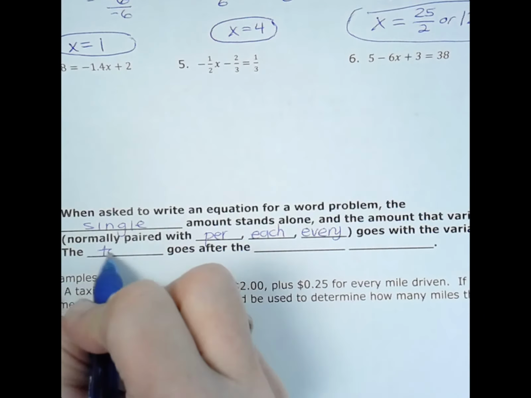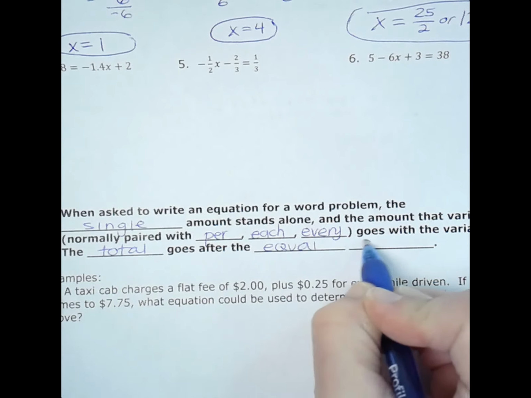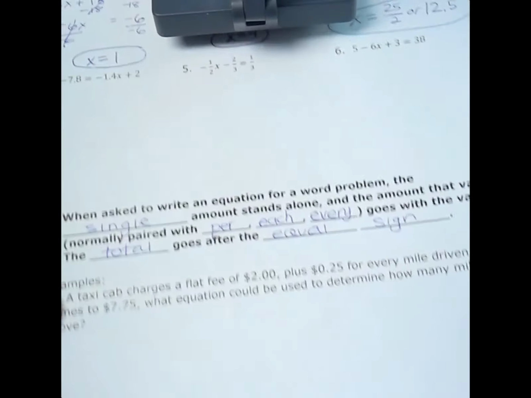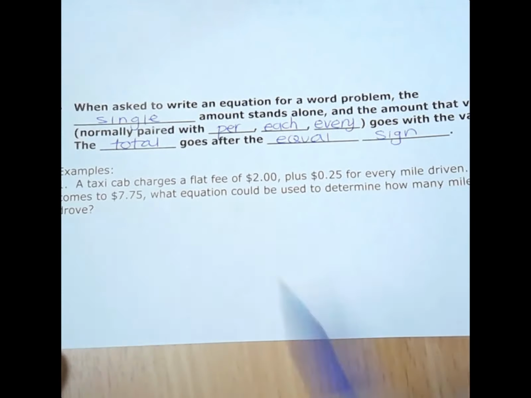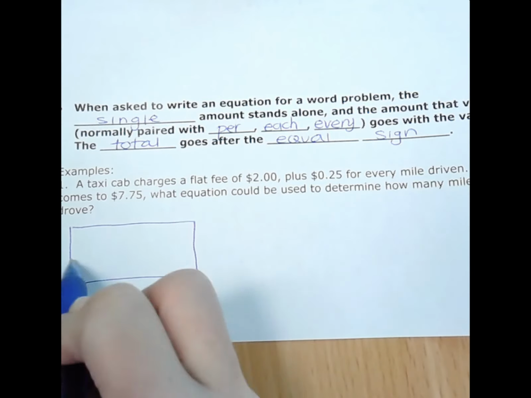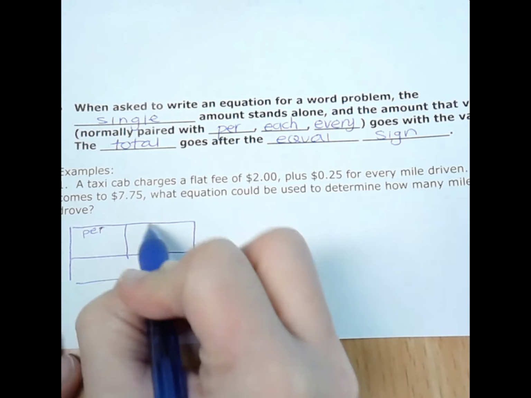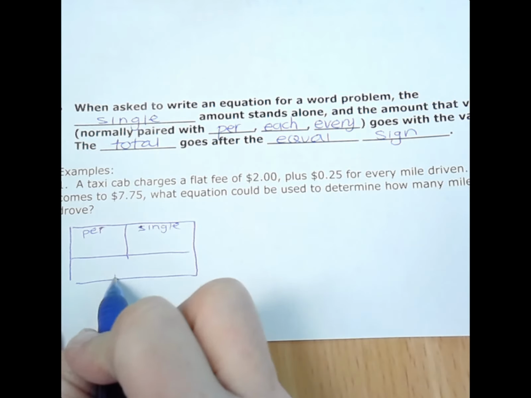And then the total goes after the equal sign. Sorry about that. Okay, we used this template when we did these. Remember, we had the each or the per, the single value, and then the total value here.